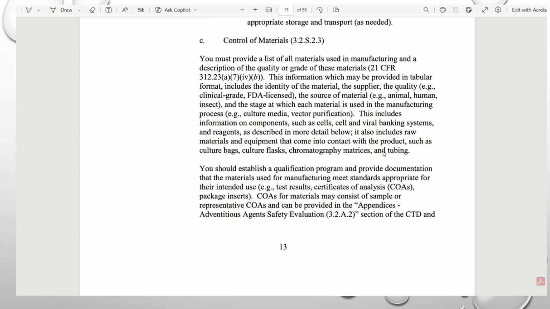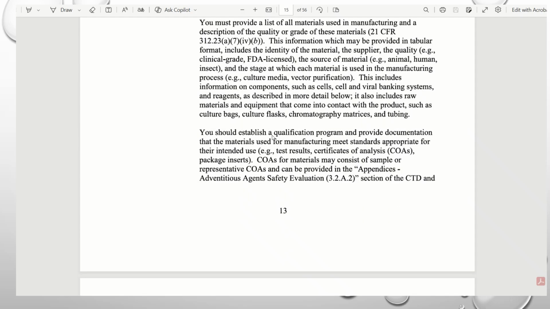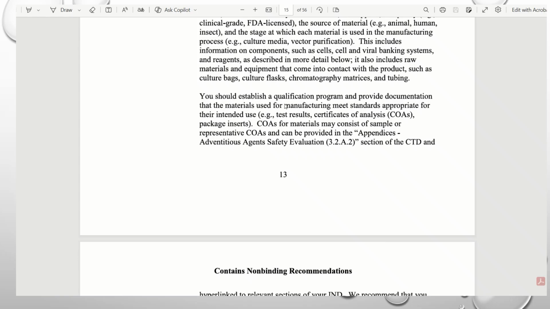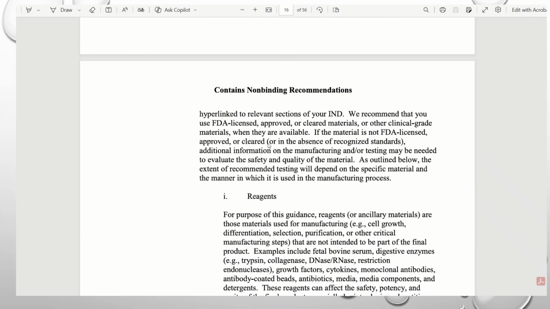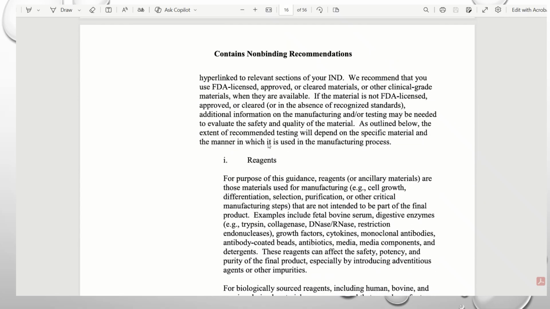So they need to be listed there so that you can discuss them, and tubing. So you have to provide certificates of analysis, and those certificates of analysis may be provided in appendices. Adventitious agents safety evaluation A2 section of the CTD dossier. So you might want to cross-reference them.